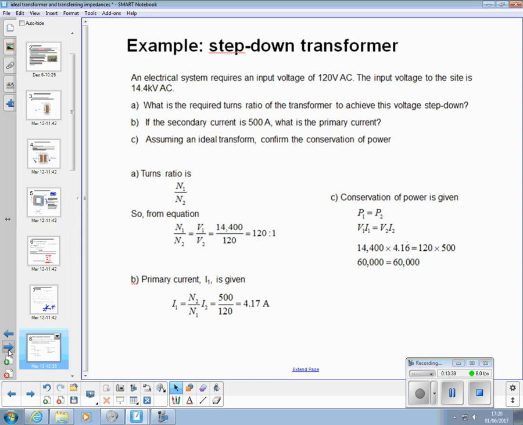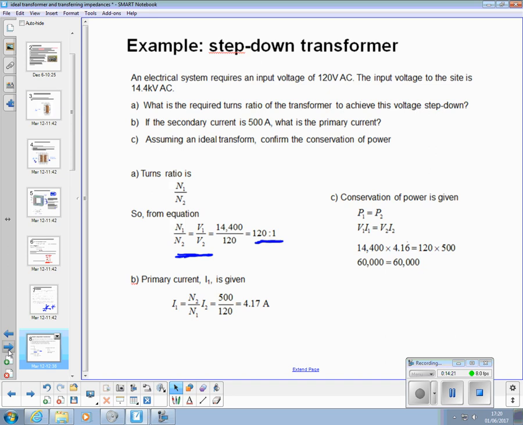So, what we're interested in is that the turns ratio is N1 over N2, and we know from the transformer equation that is equal to V1 over V2. 14,400 over 120 is 120 to 1. So for every 120 turns on the primary coil, we'd have 1 turn on the secondary coil, if it was 100% efficient.